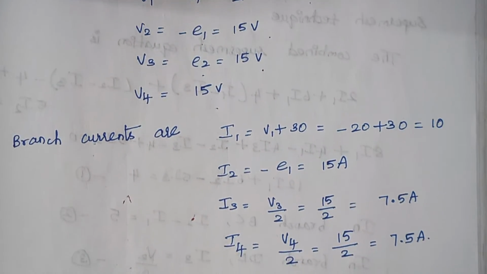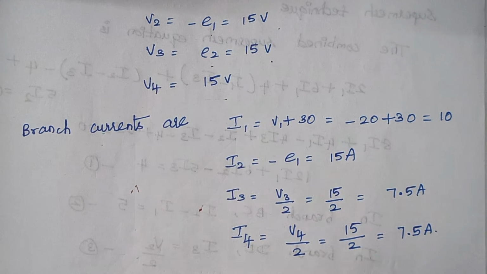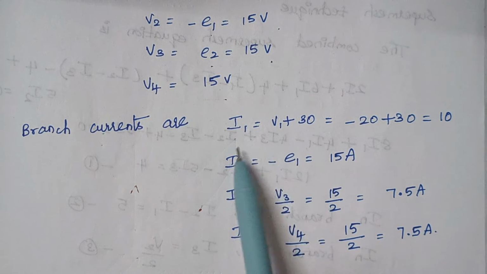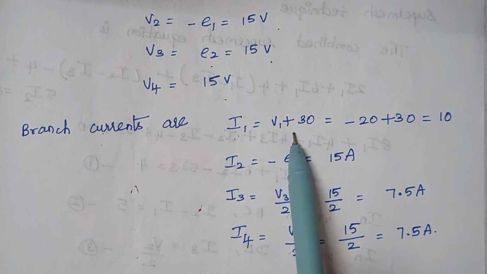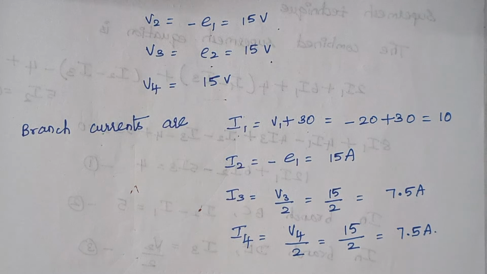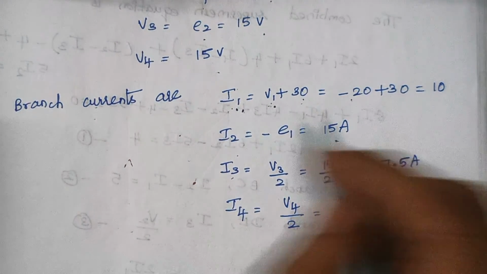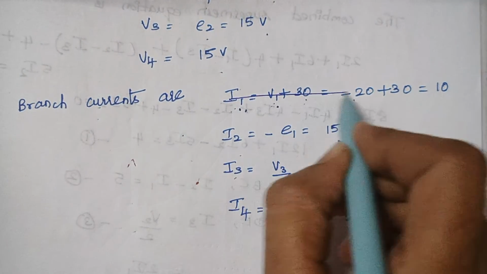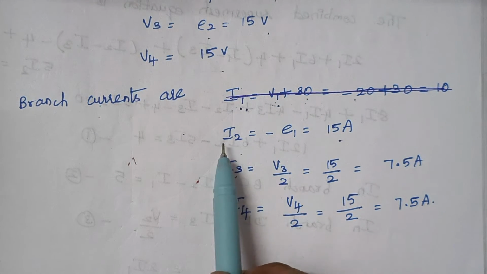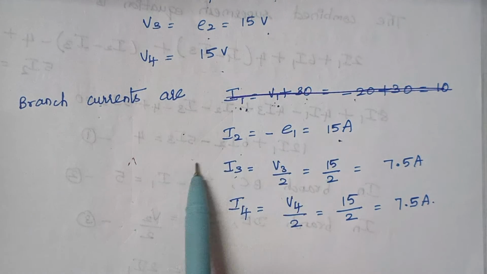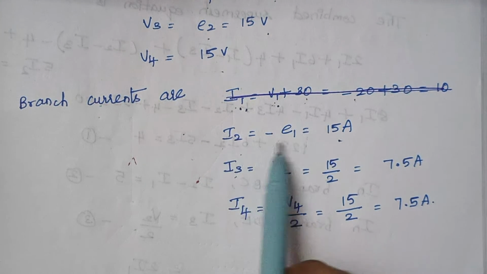Now the next thing is branch currents. So here the branch currents are given by, that is, the value of I1 is given by V1 plus 30. Sorry, this is wrong. First let me come to I2. I2 is equal to minus E1. This is the relationship which we already derived.